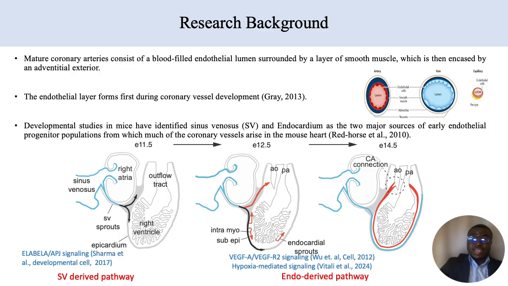At the same time, the endocardium-derived endothelial cells invade the hypoxic myocardium. Through VEGF-R2 and VEGF-A signaling, they undergo sprouting angiogenesis to form a coronary capillary plexus. The merging of the SV-derived and the endocardium-derived endothelial populations ultimately forms the mature coronary vascular network.